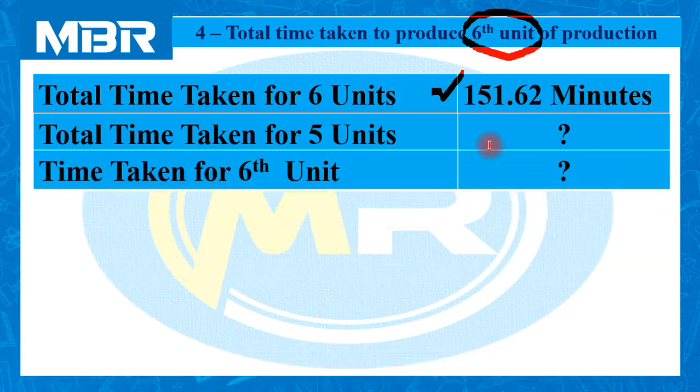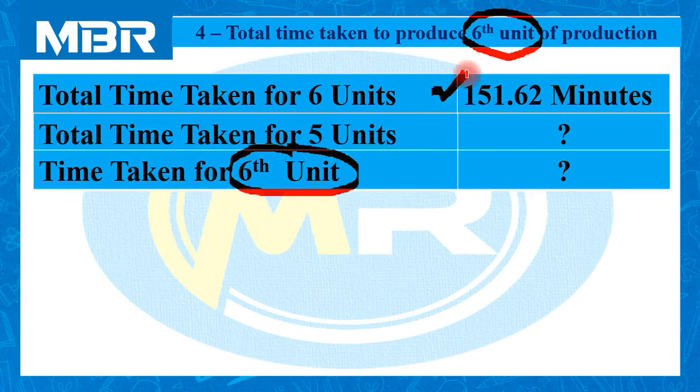You can easily judge that the difference between total time taken for 6 units and total time taken for 5 units is referred to as total time taken for the 6th unit. Here total time taken for 6 units is already completed by us, so we need not calculate it again.